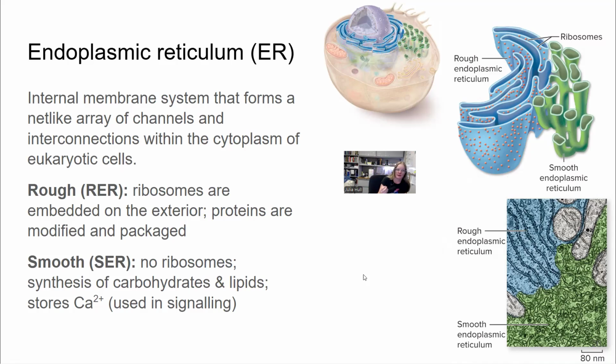So the job of the RER is going to be linked to its structure, right? Form follows function. The reason that it has ribosomes attached to it is because its job is to quality control, package, and modify proteins.